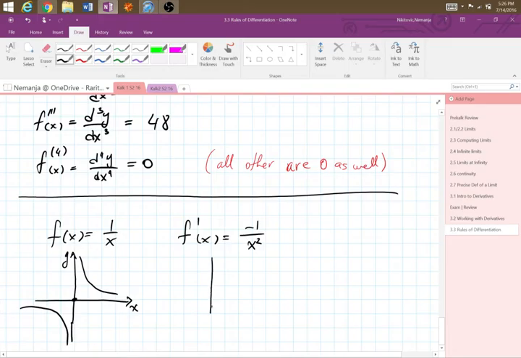So how does that look? That's going to look like this. Now you still can see that vertical asymptote at 0. That cannot change using the derivatives. Let's do one more derivative because we can and because we care. That's minus 1 times minus 2, so it's positive 2 over x cubed.